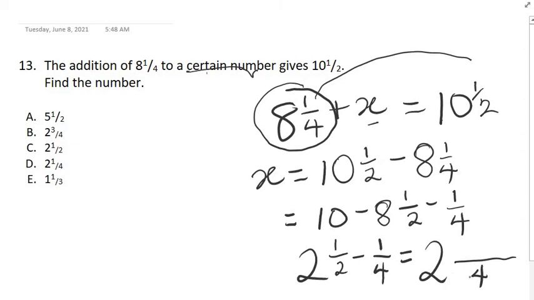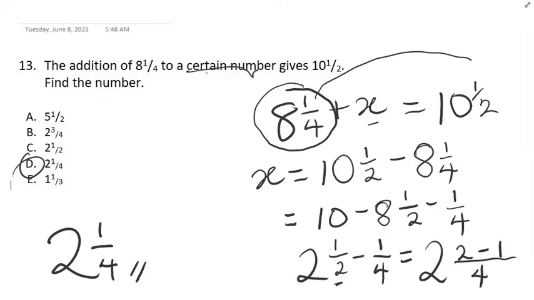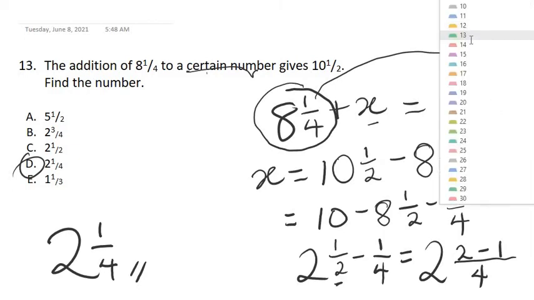Then you divide the LCM 4 divided by this 2. 4 divided by 2 is 2. 2 times 1 is 2. Minus 4 divided by 4 is 1. 1 times 1 is 1. So final answer will be 2 whole number, here 2 minus 1 is 1 over 4. So the right option is D, 2 whole number 1 over 4. Question 14.